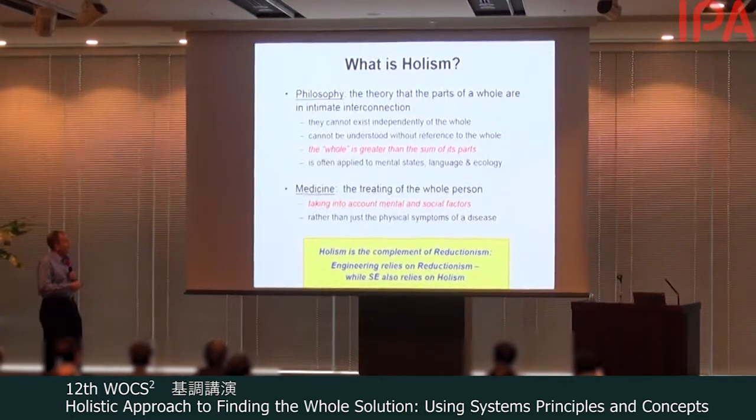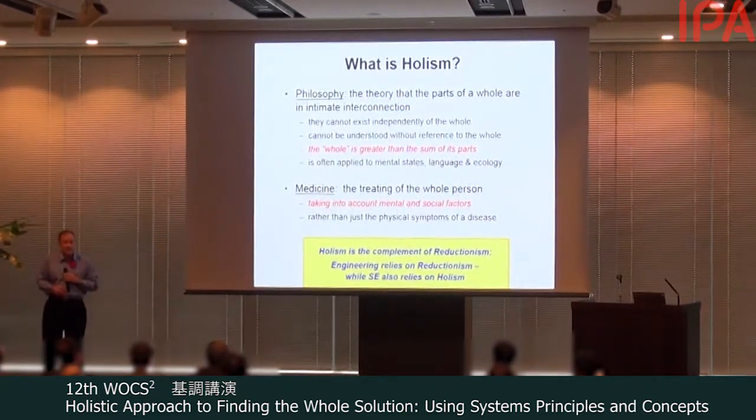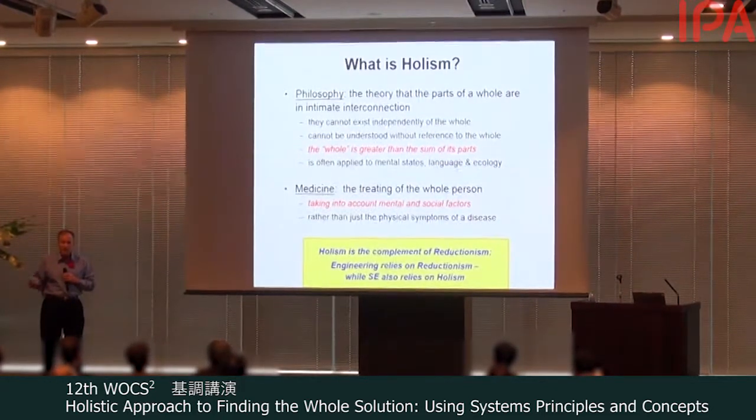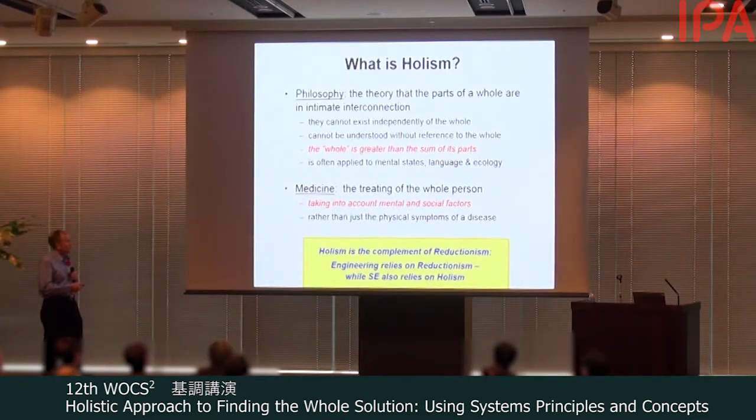In medicine, and this is even more true in Eastern medicine, where they take the Taoist or Buddhist approach, they treat the whole person. In fact, they consider part of the person is more than that individual, but it's the family, it's the neighborhood, it's the society. We treat the whole person by treating the bigger system. It's a holistic approach. Take into account mental, how we think, and social factors.